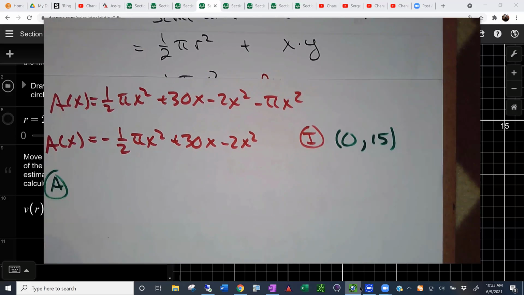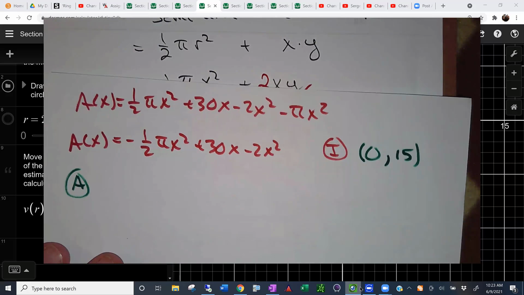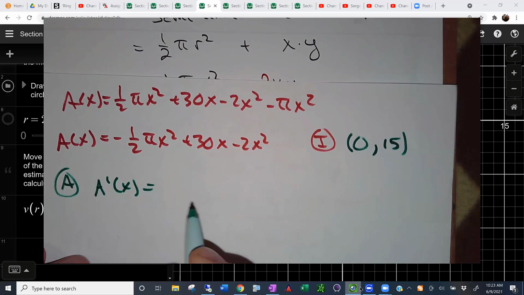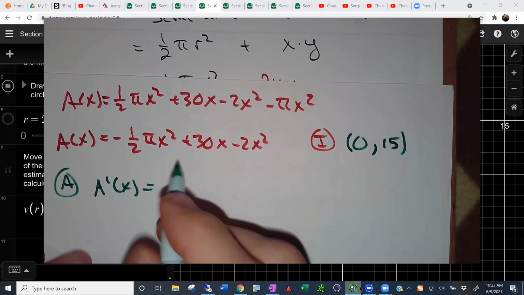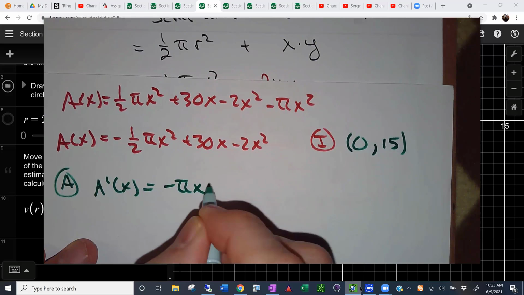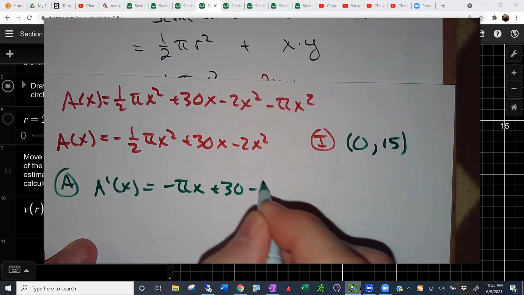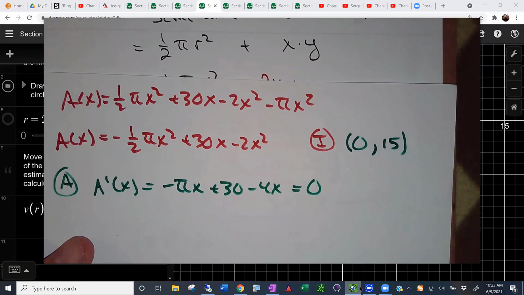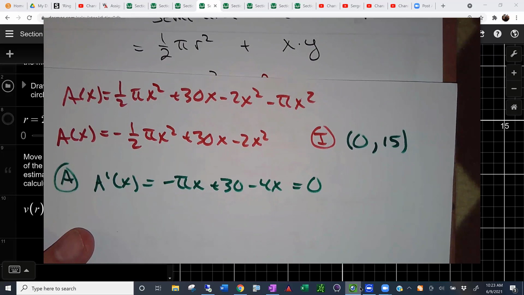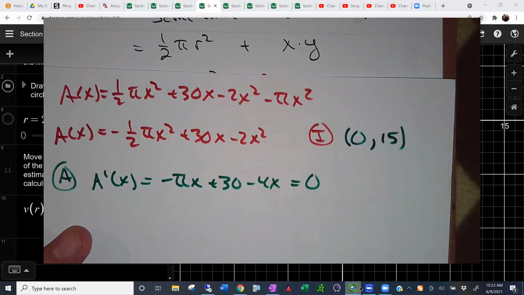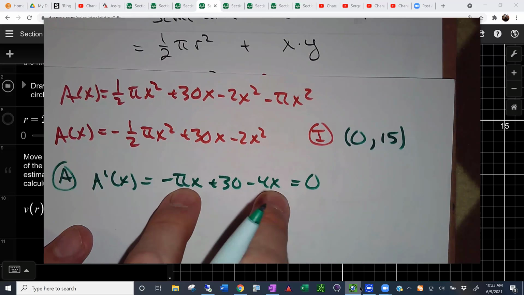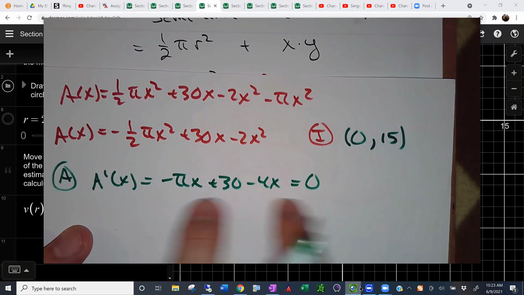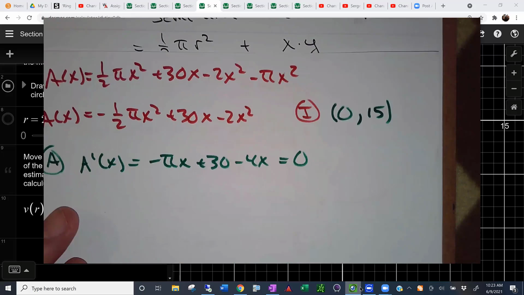Last but not least comes the analysis. So for the analysis, I'm going to differentiate this. That gives me minus pi x plus 30 minus 4x, and I want to set that equal to 0. Both of these terms are negative and both of them involve an x, so I'm going to move both of these to the right-hand side where they're going to become positive.